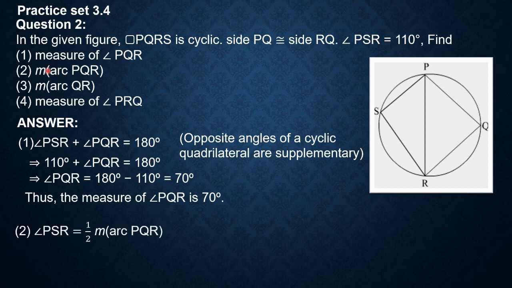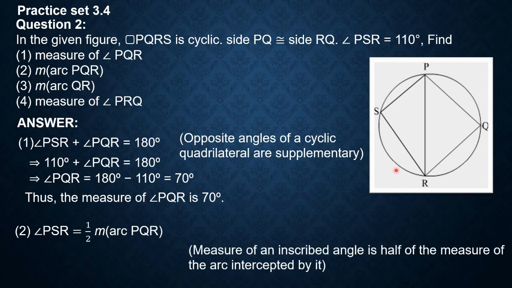The second part of this question is to find the measure of arc PQR. Now, by the inscribed angle theorem, we can say that angle PSR will be half of the arc PQR. If you note in the figure, angle PSR is an inscribed angle and it is intercepted by the arc PQR. Therefore, by the inscribed angle theorem, angle PSR is equal to half of the measure of arc PQR.